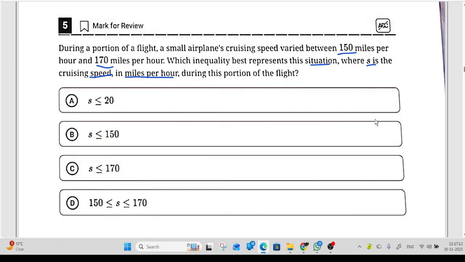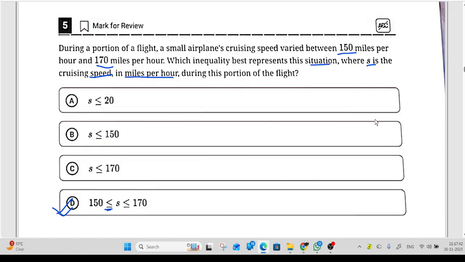So basically, this problem is stating that the airplane's speed is varying between 150 miles per hour and 170, right?